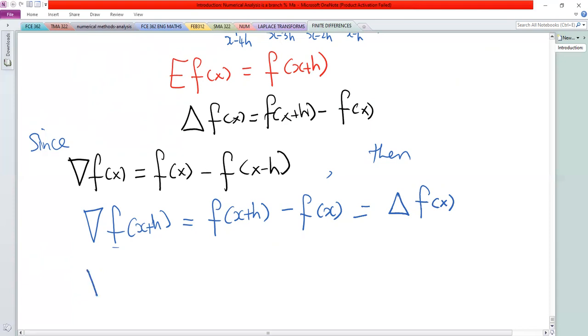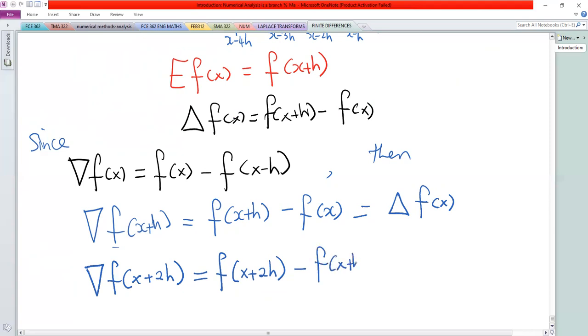Similarly, if I define backward of f of x plus 2h, then I'll have f of x plus 2h minus f of x plus h, which is the same as the forward of f of x plus h.